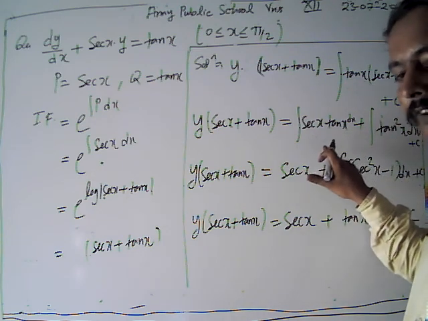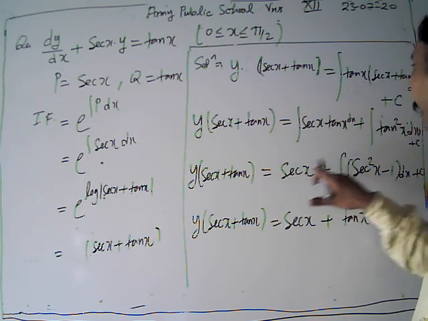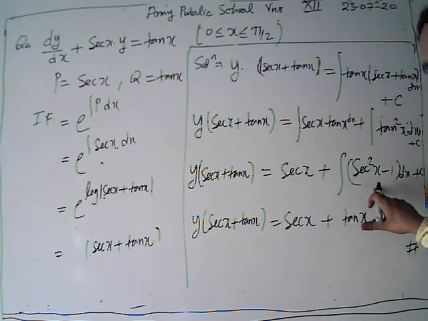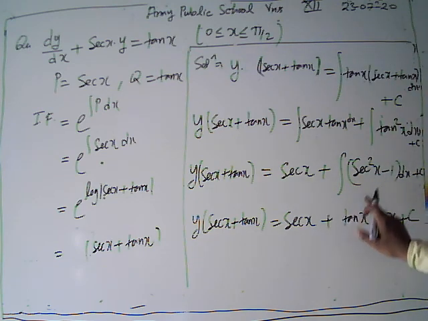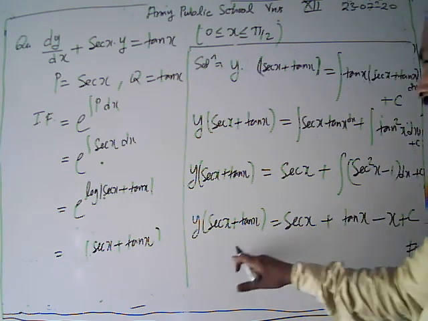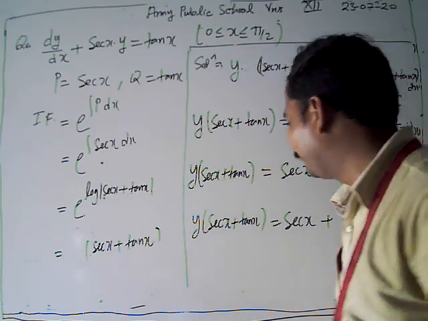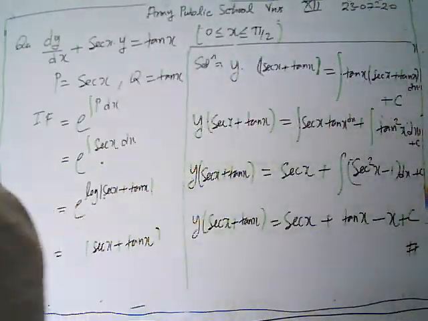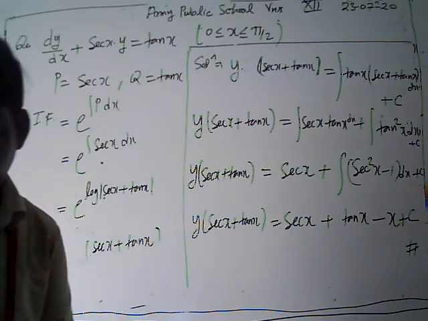The integration of sec x into tan x is sec x. The integration of tan square x is sec square x minus 1. Again the integration of sec square x is tan x and 1 gives x. Then our required solution is y into sec x plus tan x equals sec x plus tan x minus x plus c.